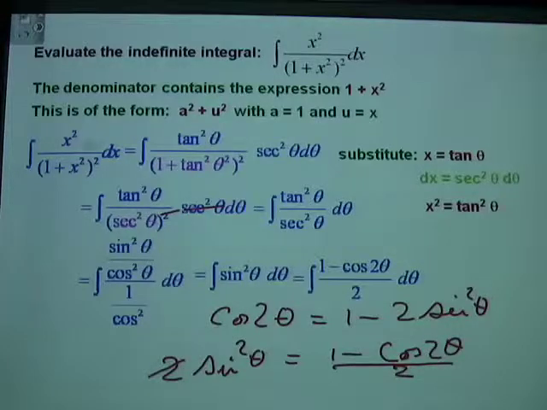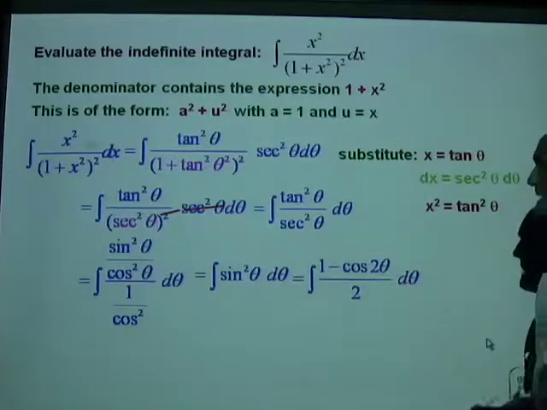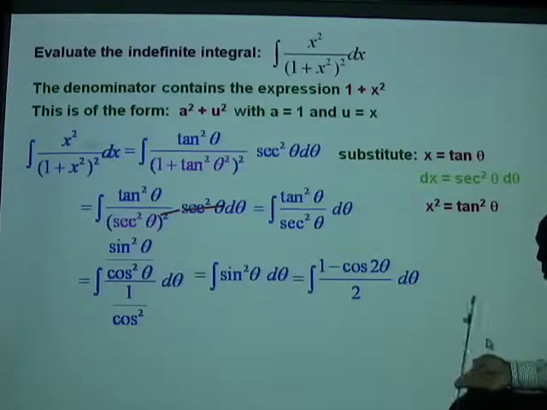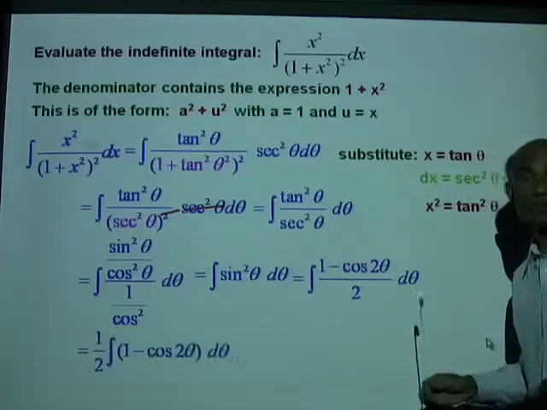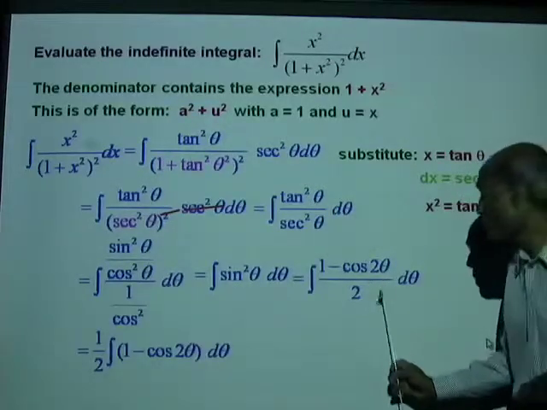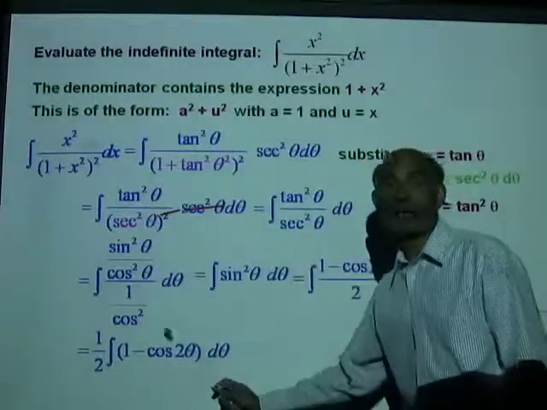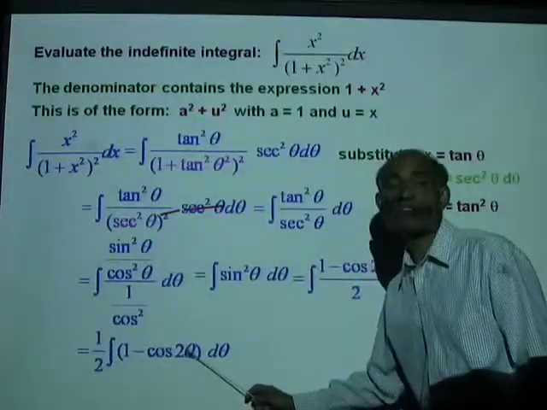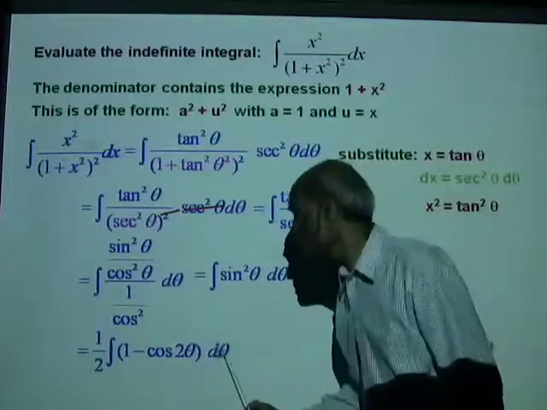You get sine squared theta equal to 1 minus cos 2 theta all over 2. Alright, that's what is in here. And in order to evaluate this, we can split this into 2 if you want. Or we can factor the 1/2 outside and write it as 1 minus cos 2 theta d theta. Alright, we can integrate this.